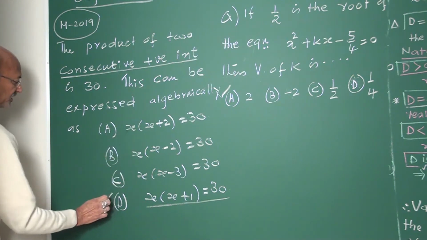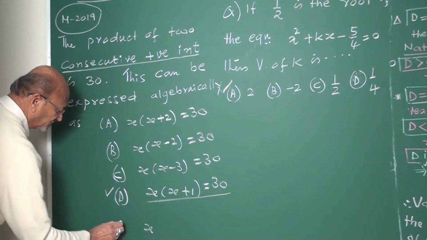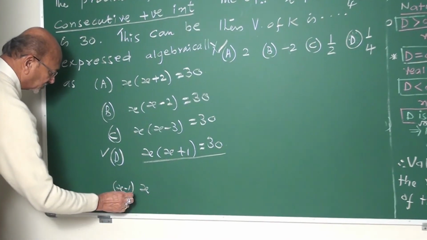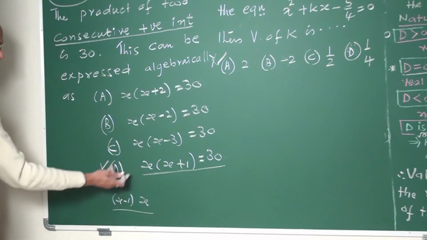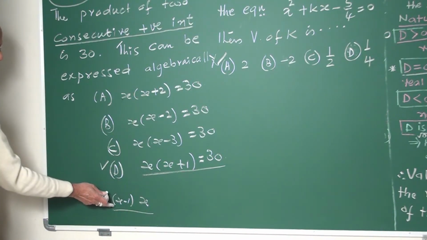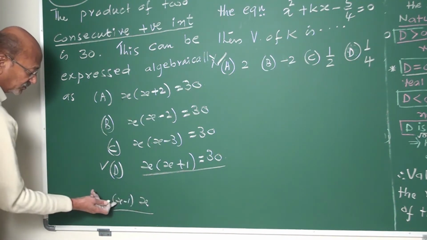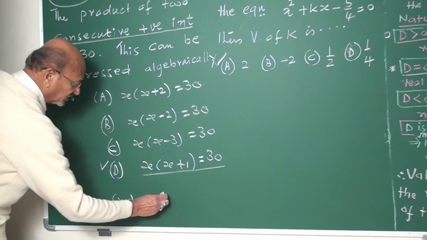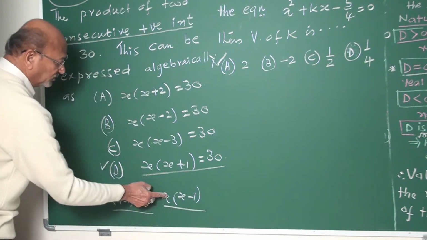Even instead of this, they may give, if x is 1, what is its previous one? x minus 1 and x are consecutive terms. Even to confuse, they may give x into x minus 1. If they give like this, you can understand it.